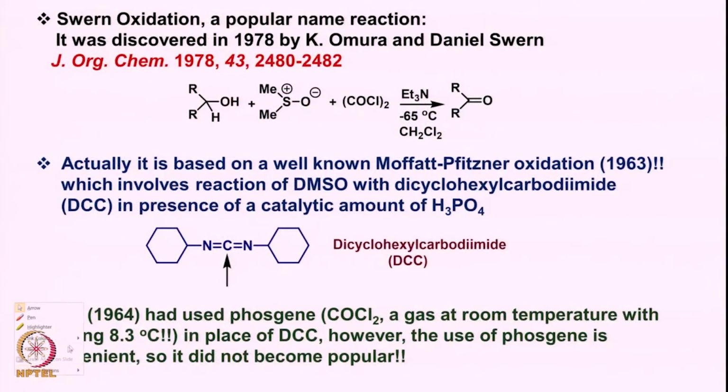So, in the Swern oxidation what has been reported is that DMSO, that is dimethyl sulfoxide, reacts with oxalyl chloride.